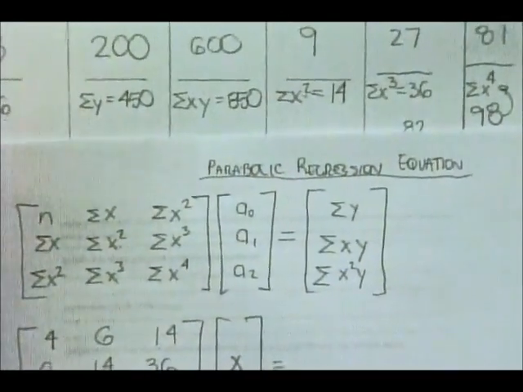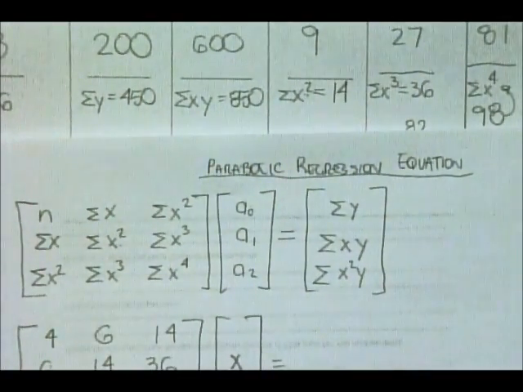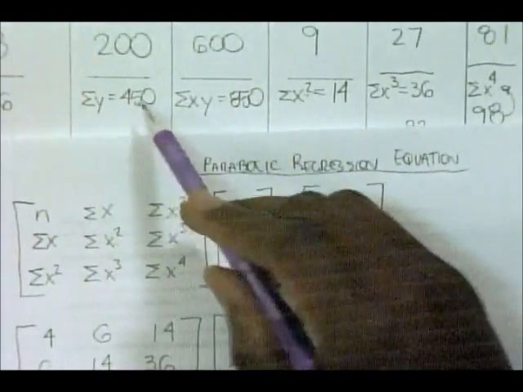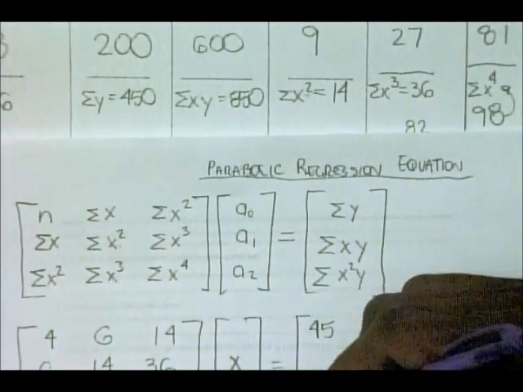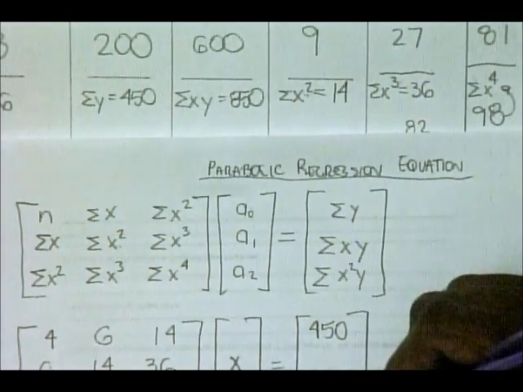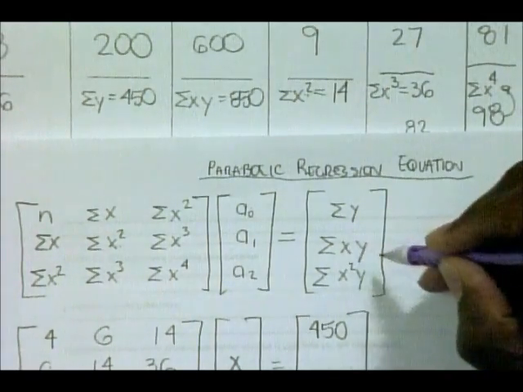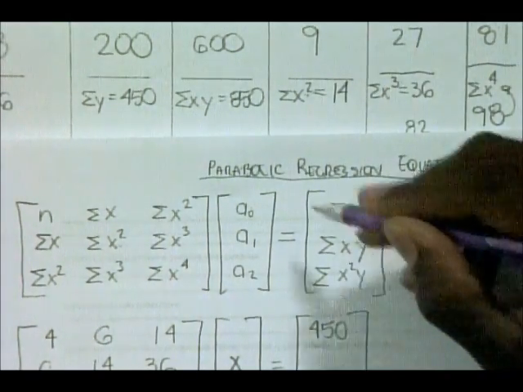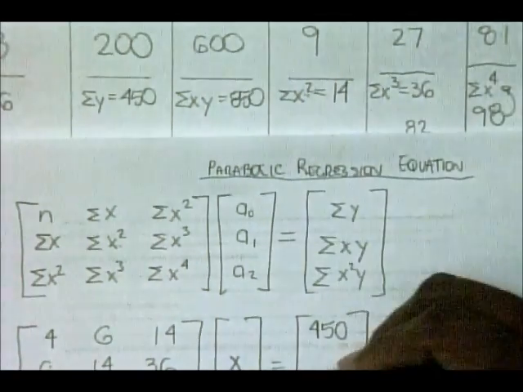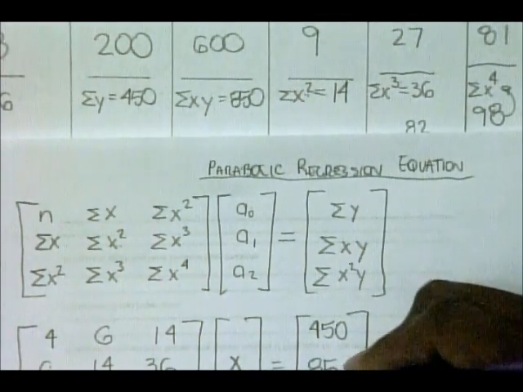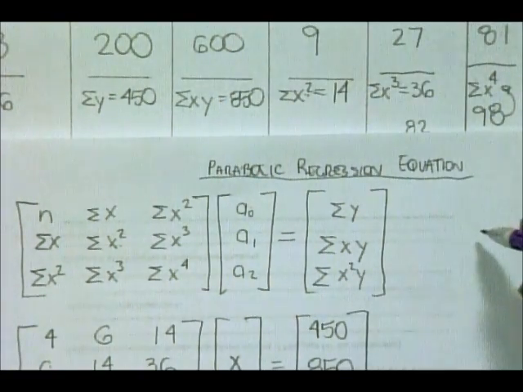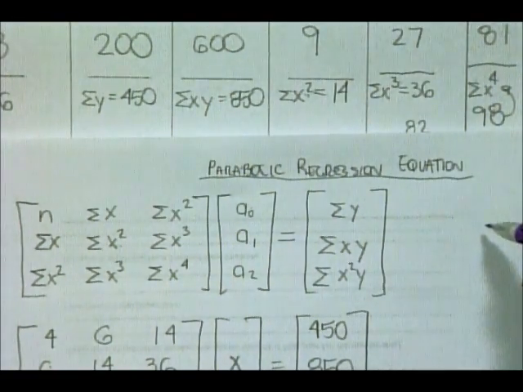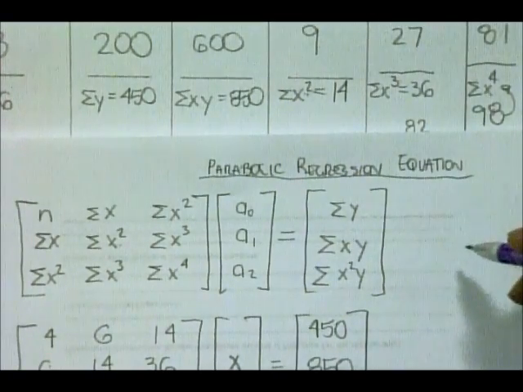Right here, the summation of y is 450. Right, 450. All right, the summation of x times y, we did that right here. That's 850. And then the summation of x squared y, we have not done that yet.